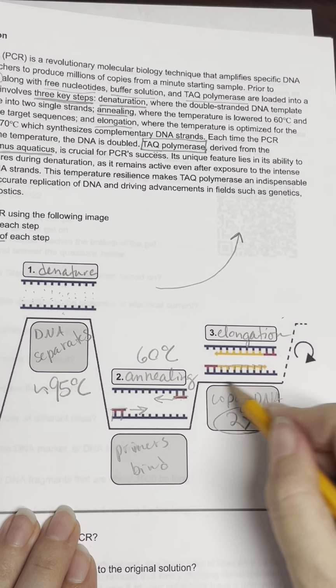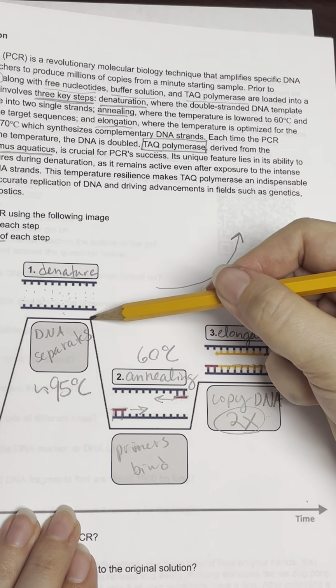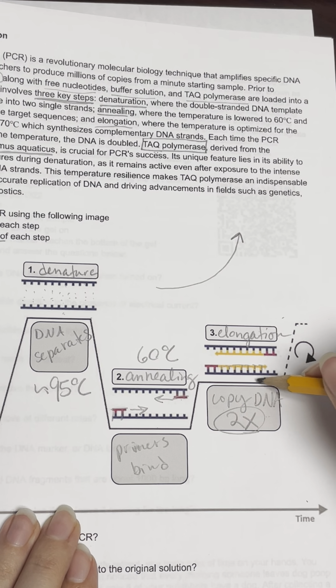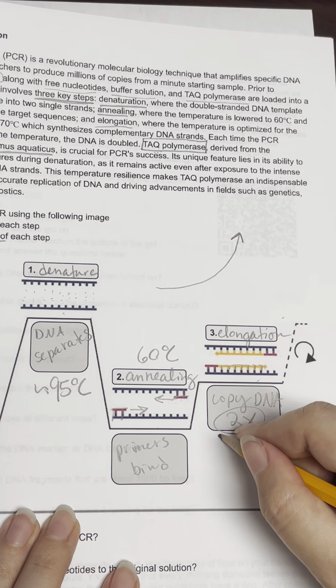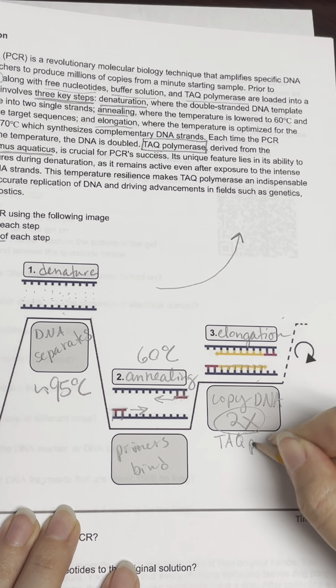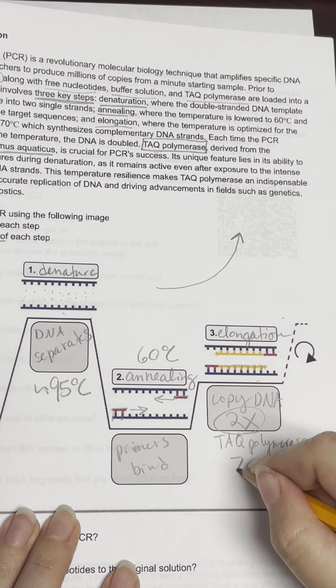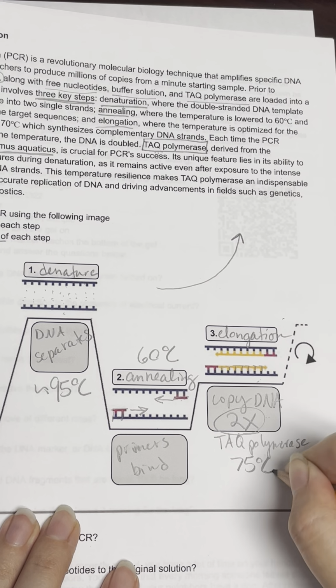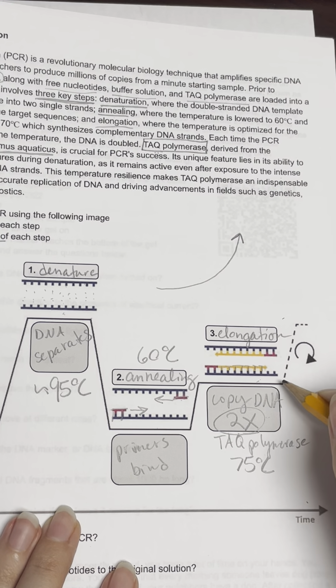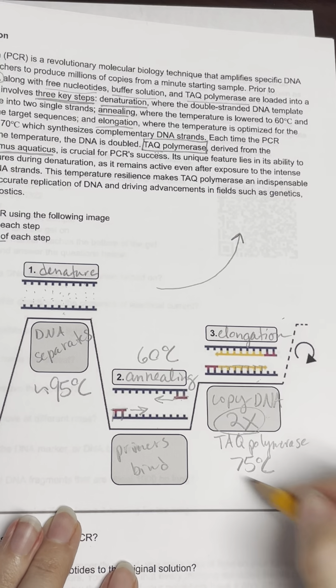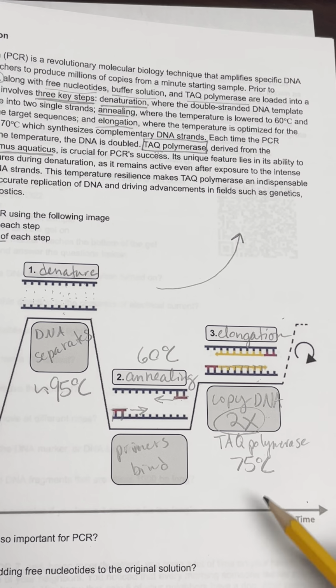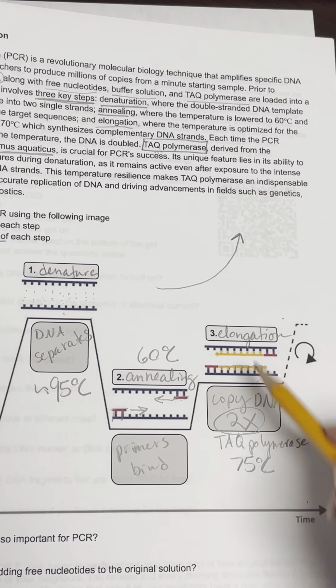And then we raise the temperature again, not quite as hot as step 1, just hot enough for Taq polymerase to start working. So the Taq polymerase works optimally at about 70 to 75 degrees Celsius. Then we will start the process all over again. Every single time we want to make a copy, we will go through this process.